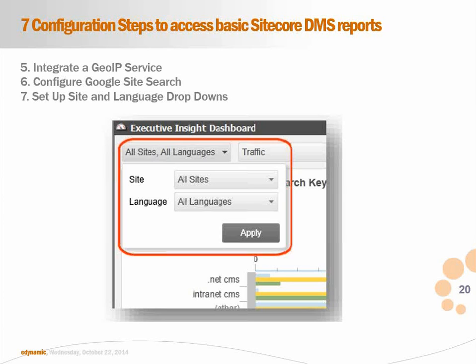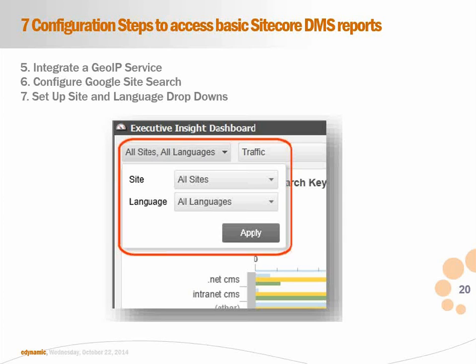MaxMind is a GeoIP service that provides seamless integration with Sitecore. It provides information down to the known organization level. Without that integration, the report will show IP not found. So this is just an example. This is why it is important to integrate with MaxMind, so that you can see the data down at the organizational level.